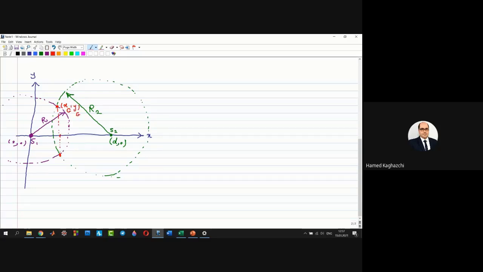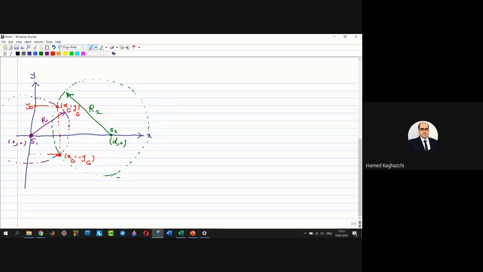This is x and this is y. What is the coordinate of this node? xg, minus yg. According to the properties of a circle, if we have a node on this side of the circle, on the other side we have the same node in the reverse direction. The x is the same, y is reversed.